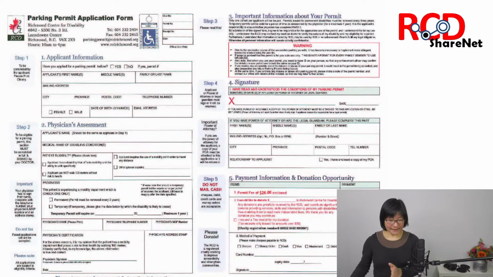Now, after applying, say for instance you get a permanent permit. Remember I mentioned that you need to renew it every 3 years. If it is certified by the doctor that it is a permanent condition, then when we send out the renewal, we can look at the renewal form.